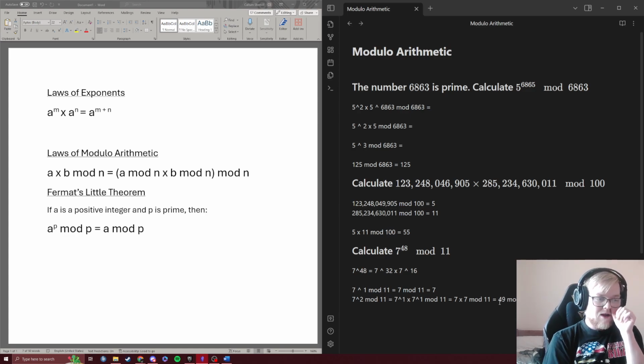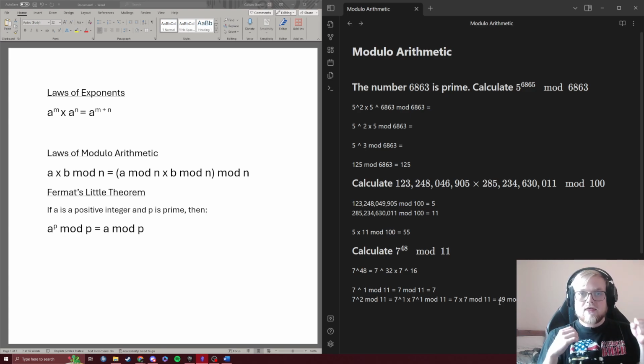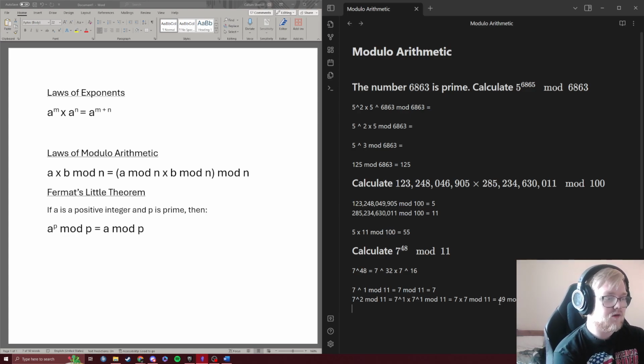And 49 mod 11, once again, if you try and divide 49 by 11, you get 44. And then the remainder is 5. So we can put a 5 here. And now we go one deeper. 7 to the power of 4 is the power of 2 times the 7 to the power of 2 mod 11.